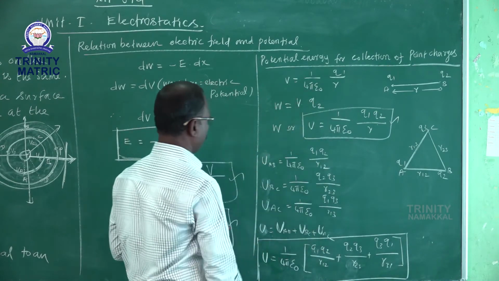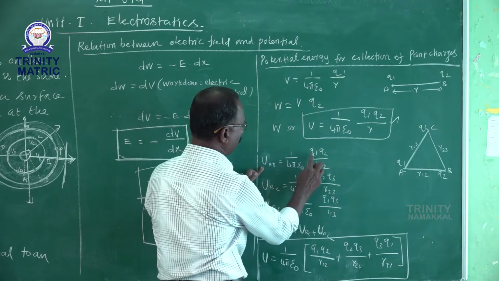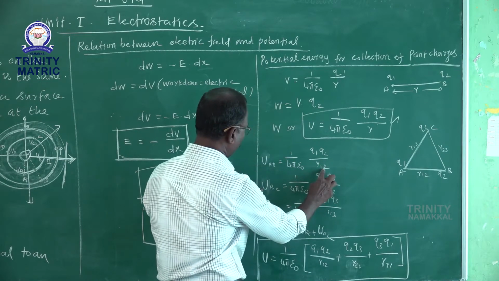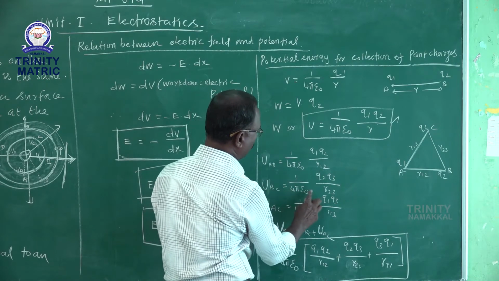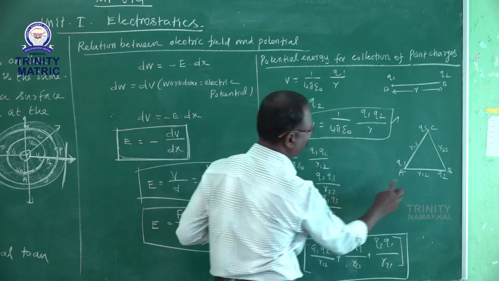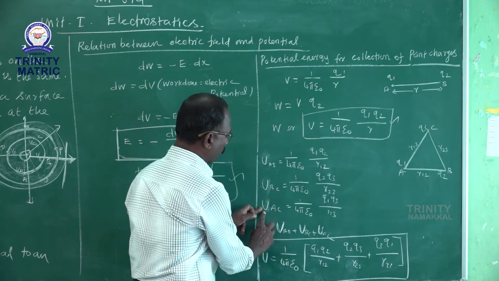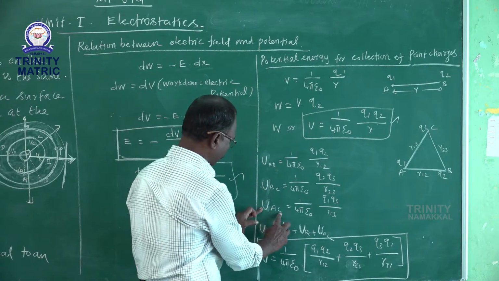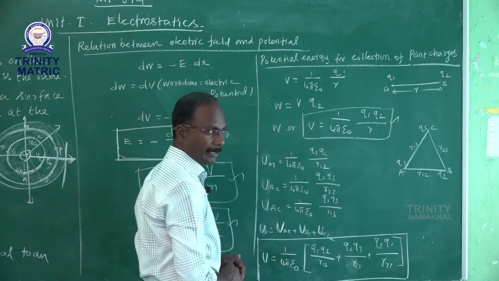Now the potential energy between A and B is 1 by 4 pi epsilon naught Q1 Q2 by R12. Between B and C it is 1 by 4 pi epsilon naught Q2 Q3 by R23. Between A and C it is 1 by 4 pi epsilon naught Q1 Q3 by R13.